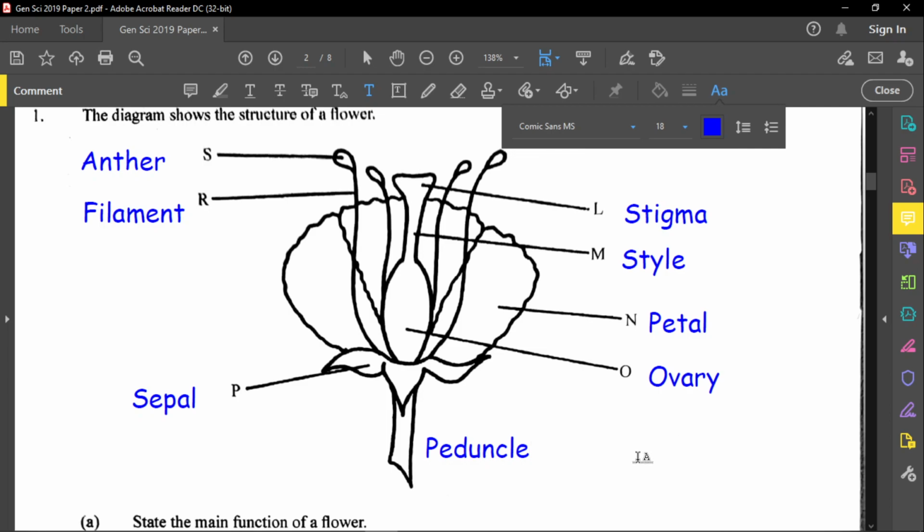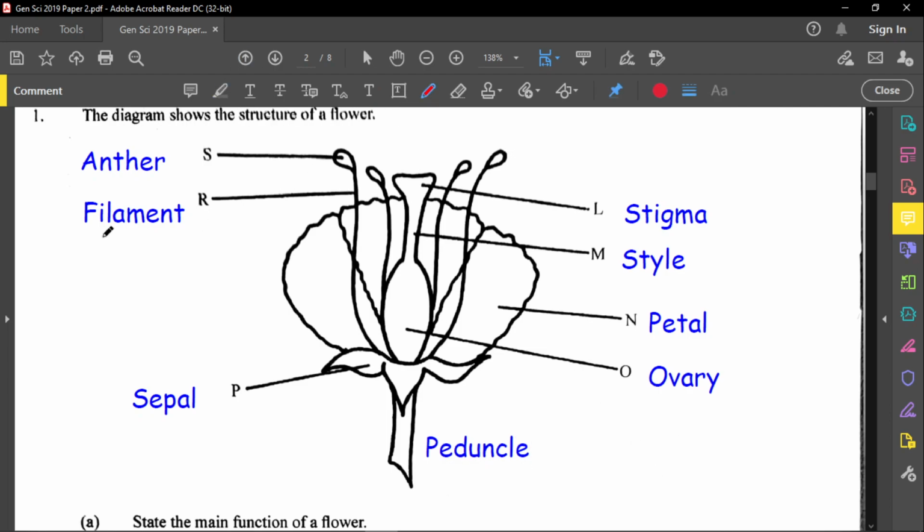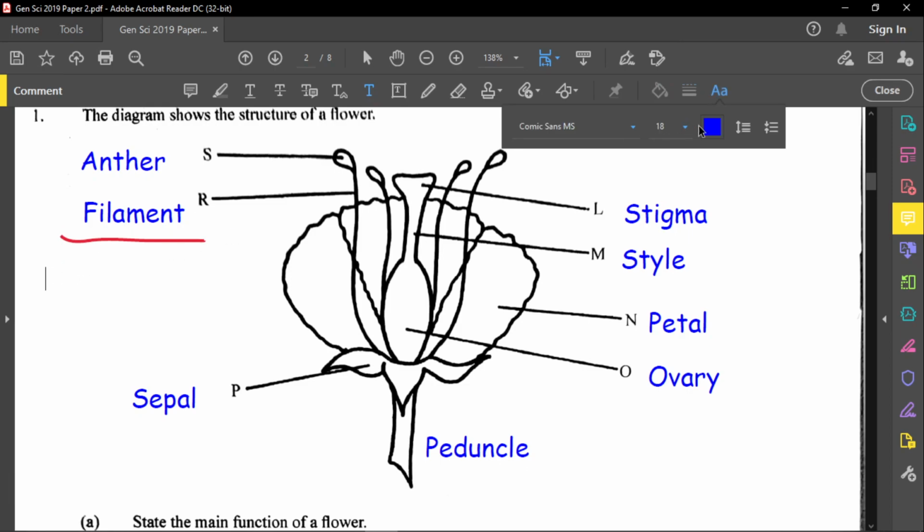All right, and so there we have the different structures of the flower. But let's quickly label something right here. The anther and the filament make up the male part of the flower, which is called the stamen. So this is a stamen right here, and it is the male part of the flower, both anther and filament.